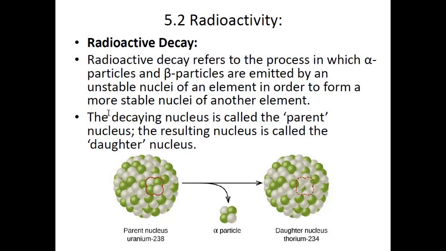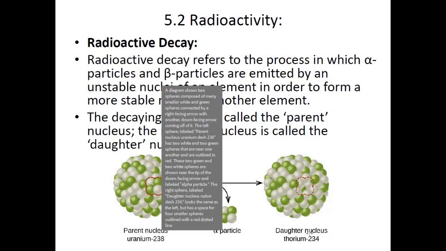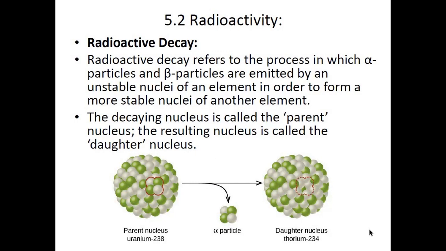This was a uranium nuclei, uranium-238, and when it emitted 2 neutrons and 2 protons, or a single alpha particle, it became the daughter nucleus of thorium-234, as 4 particles have been emitted out of it. So the mass number 238 now becomes the mass number 234.